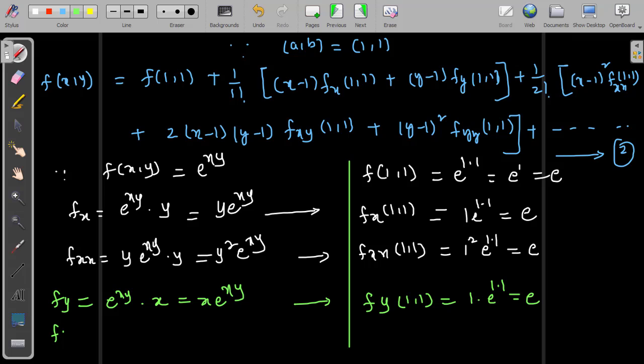Now after that I want f double y. F double y means differentiate this function with respect to y. Anyhow x is constant, you can keep that in mind. X times, only differentiate this part.